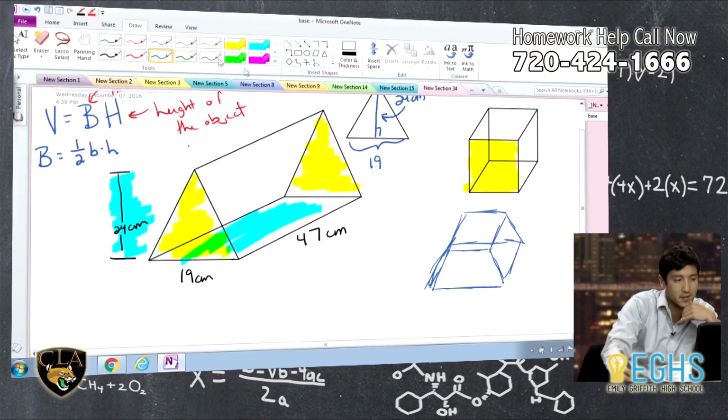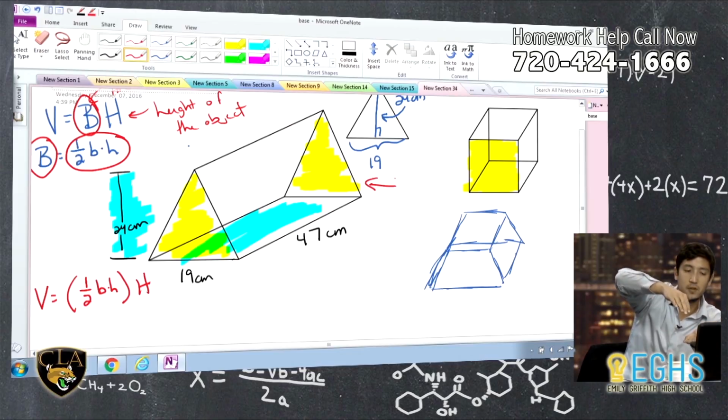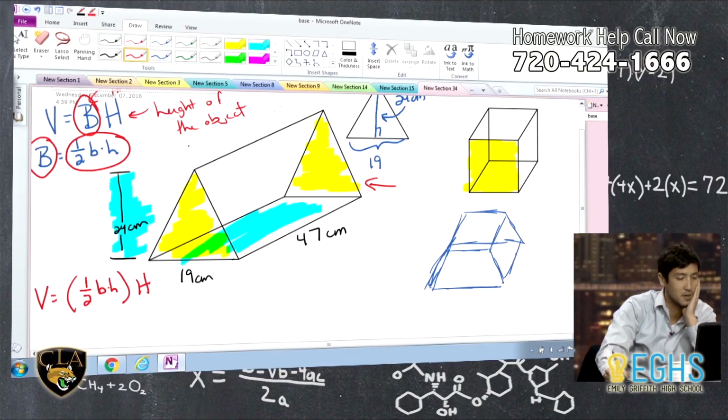So we could rewrite this formula and say volume equals the area of the base, which is now 1/2 base times height, times the height of the solid. And if you imagine this figure being laid on its triangle, then the height is going to be that 47 centimeters.